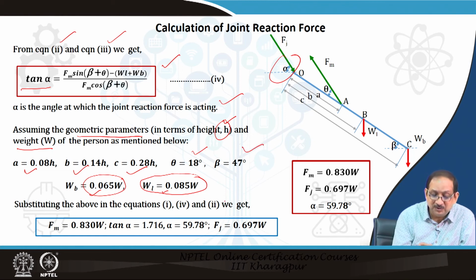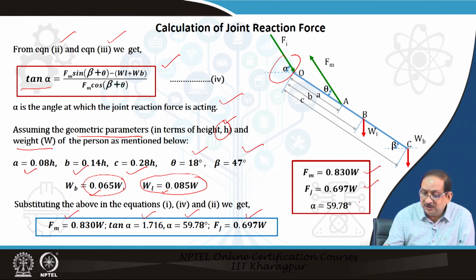We can substitute this in the equation and find out the quadriceps muscle force, the tan alpha, the inclination angle of the joint reaction force, and the magnitude of the joint reaction force.